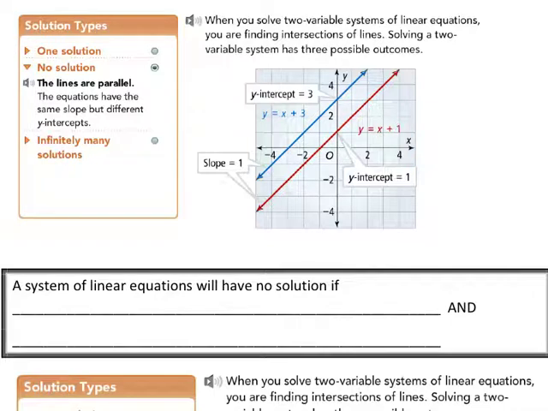So in our notes, a system of linear equations will have no solution if the lines have the same slope and they have different y-intercepts. Be sure you have that recorded prior to moving on in the video.